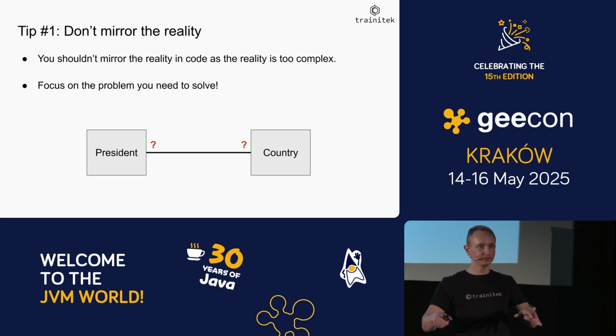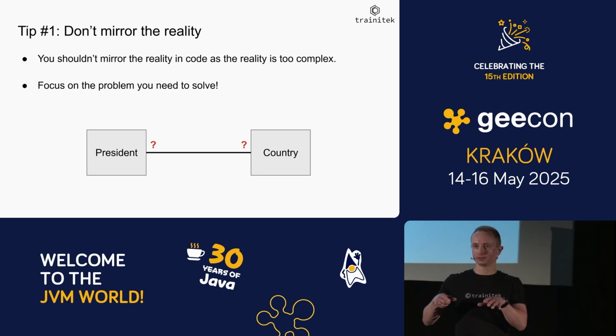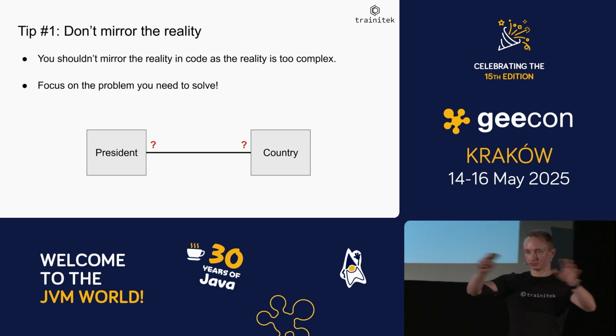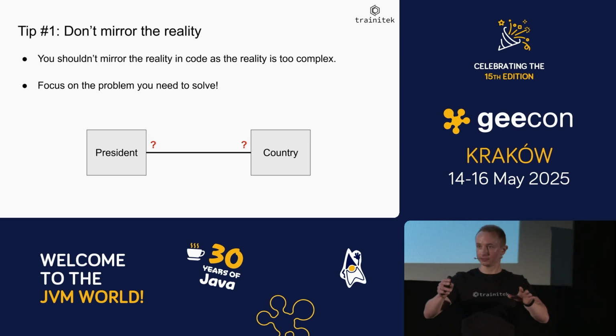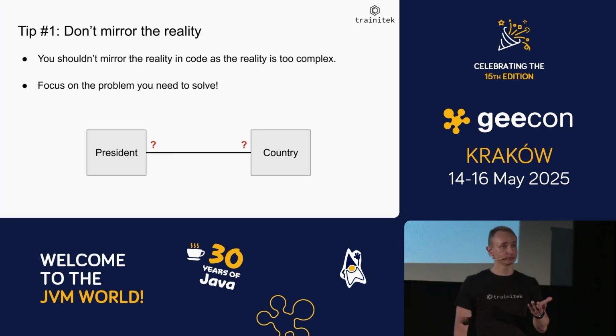If we take a look at reality, each country may have many presidents, right? Belarus doesn't count, okay? It has one president. But in general, they have many presidents. And one person can be a president of multiple countries as well, theoretically, yes?